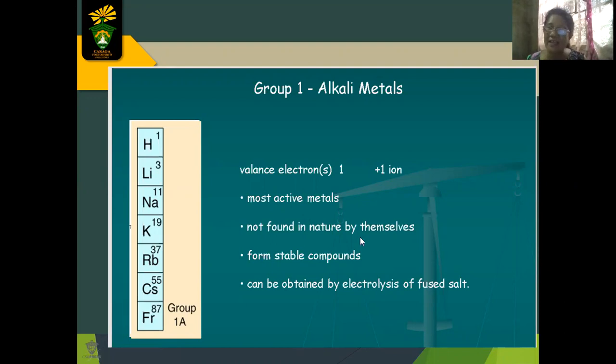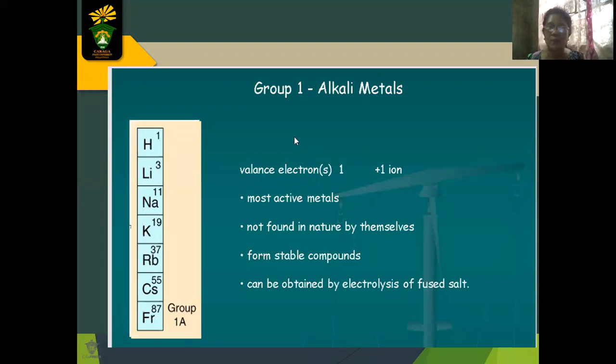Not found in nature by themselves, they form stable compounds, so it is easy for them to combine with other elements. They can be obtained by electrolysis of salt. For instance, when sodium combines with chlorine, you form a salt, sodium chloride, and it's stable.